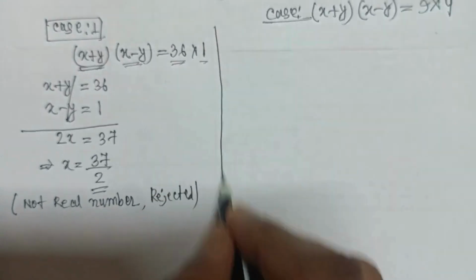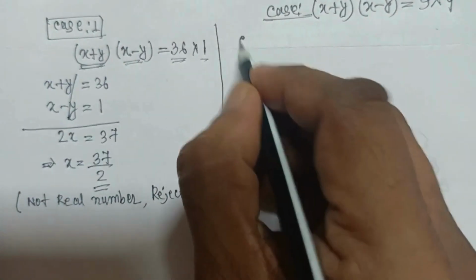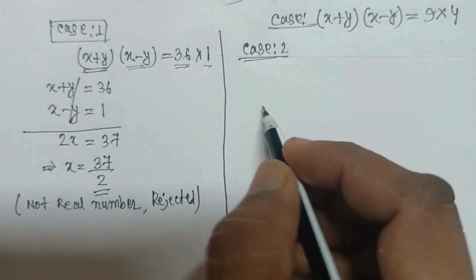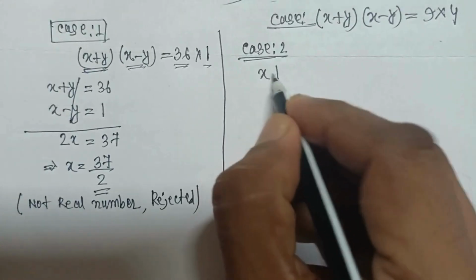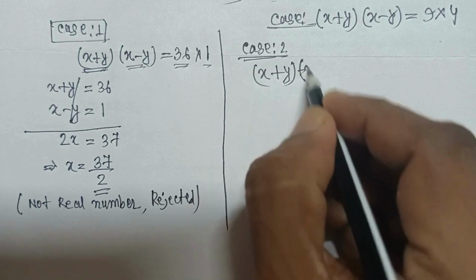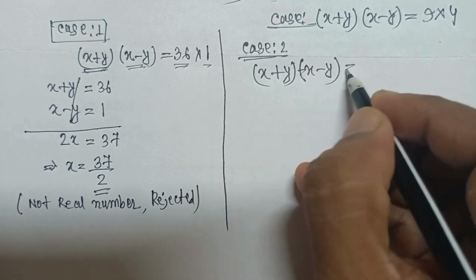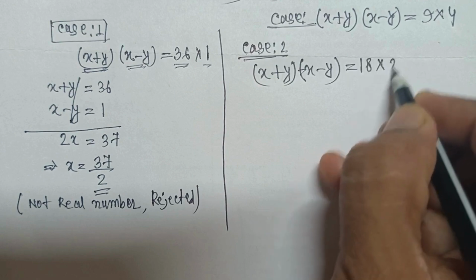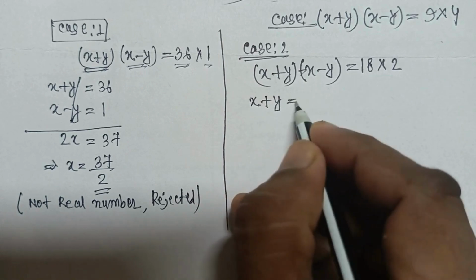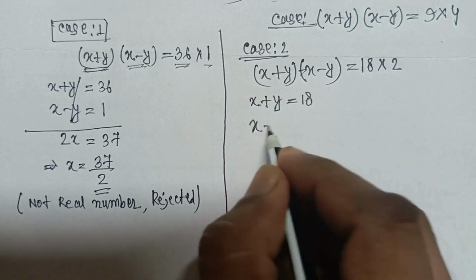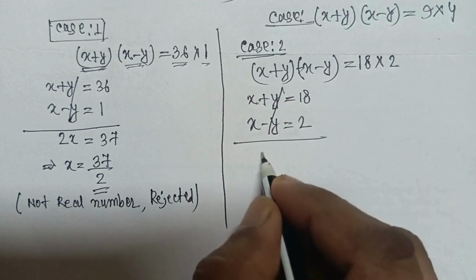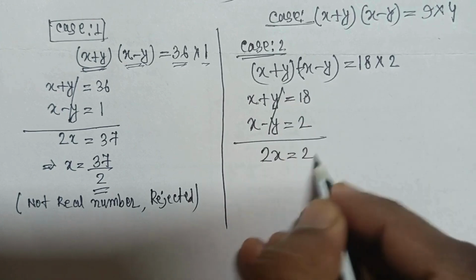Same for case 2. Here we got (x plus y) into (x minus y) as 18 cross 2. So we can write x plus y is equal to 18 and x minus y is equal to 2. So if we add, this will cancel out. We get 2x is equal to 20.